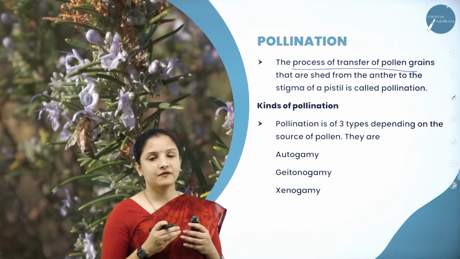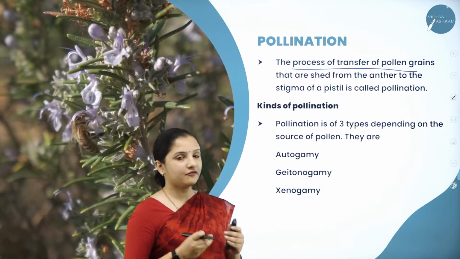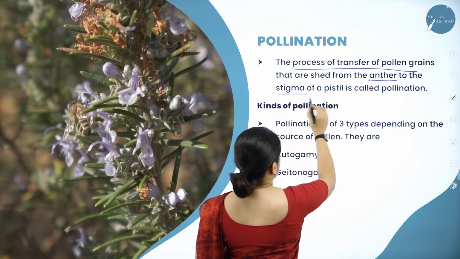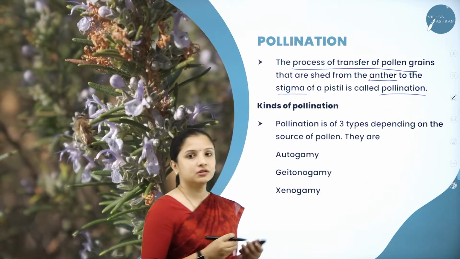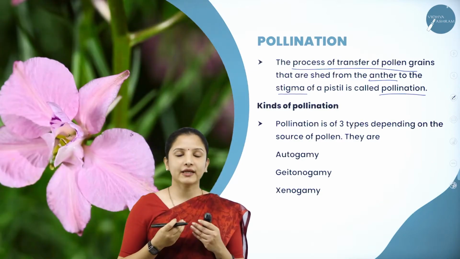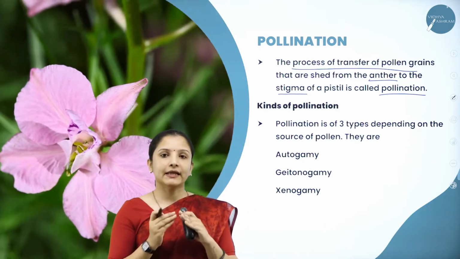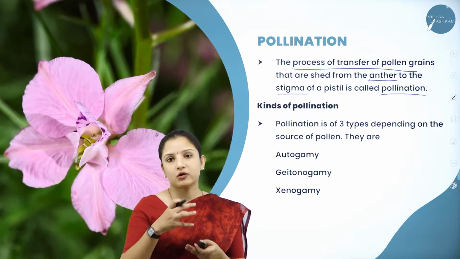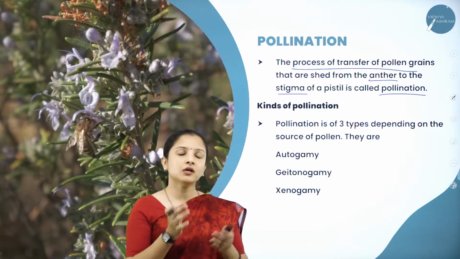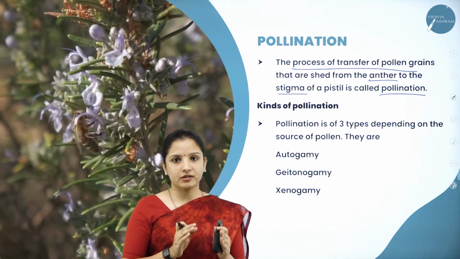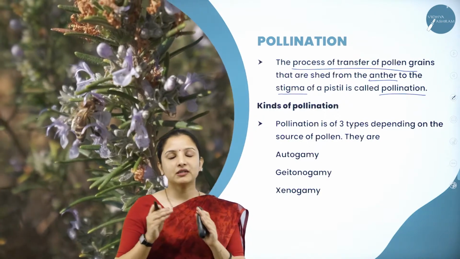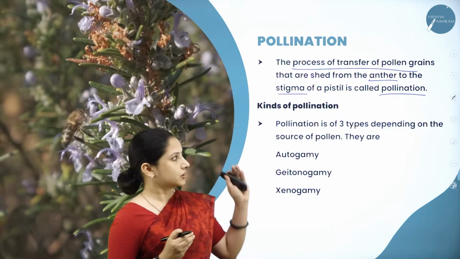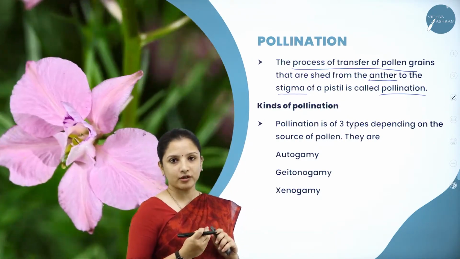The process of transfer of pollen grains shed from the anther to the stigma of a pistil is called pollination. Whatever pollen grains have come out of the anther will be carried by different agents, be it biotic agents or abiotic agents, onto the stigma of another flower. This particular process is called pollination.